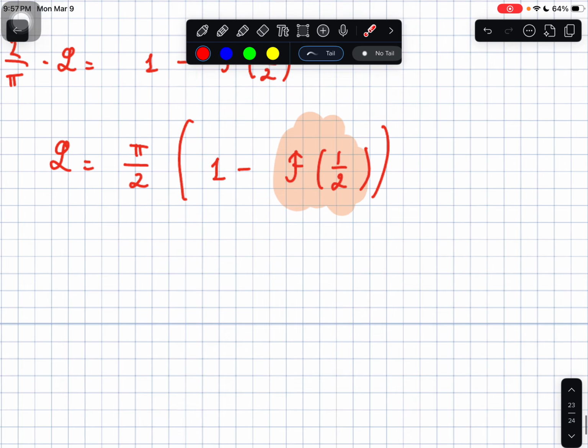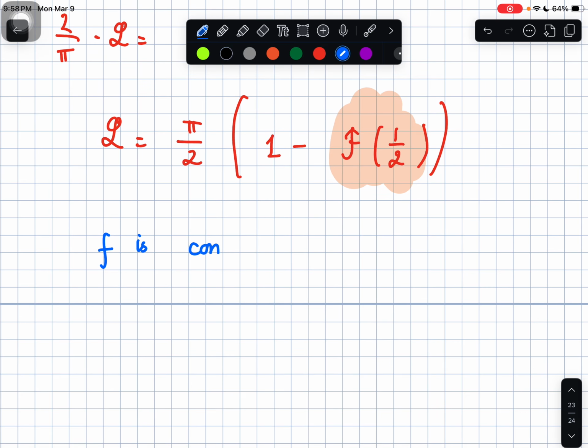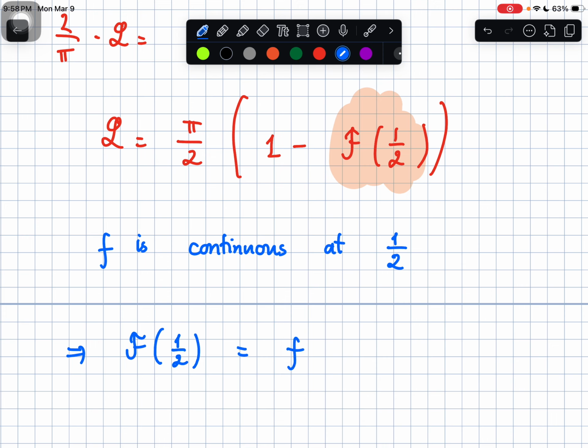So we say that f is continuous at 1/2. So the Fourier series at 1/2 converges to exactly f of 1/2, which is 1/2.